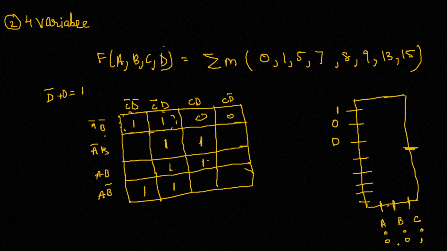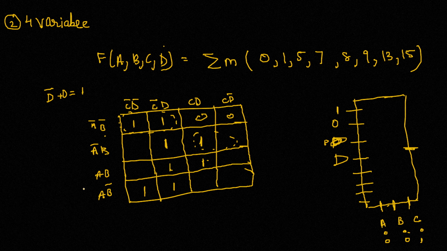Then we have seen up to A complement, B, C complement. So now let's see for A complement, B, C. Again you have D here. A complement, B, C is these two boxes, which is D again.